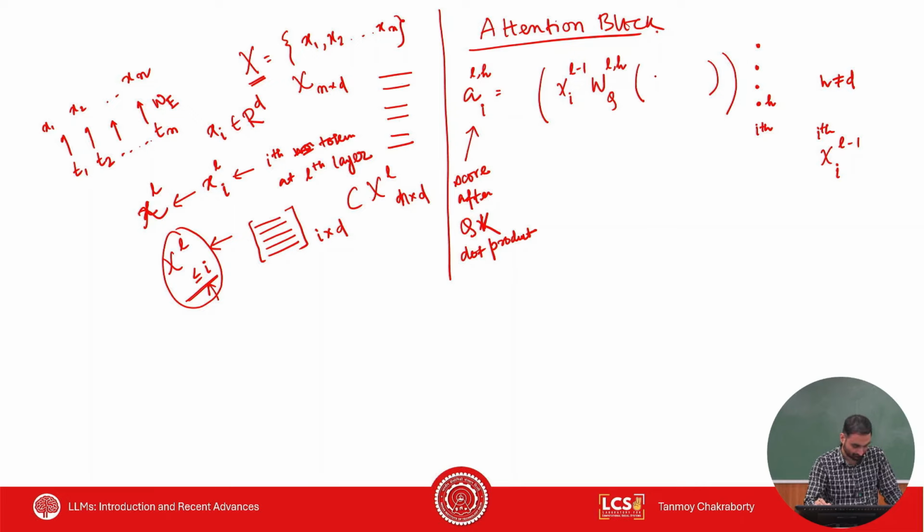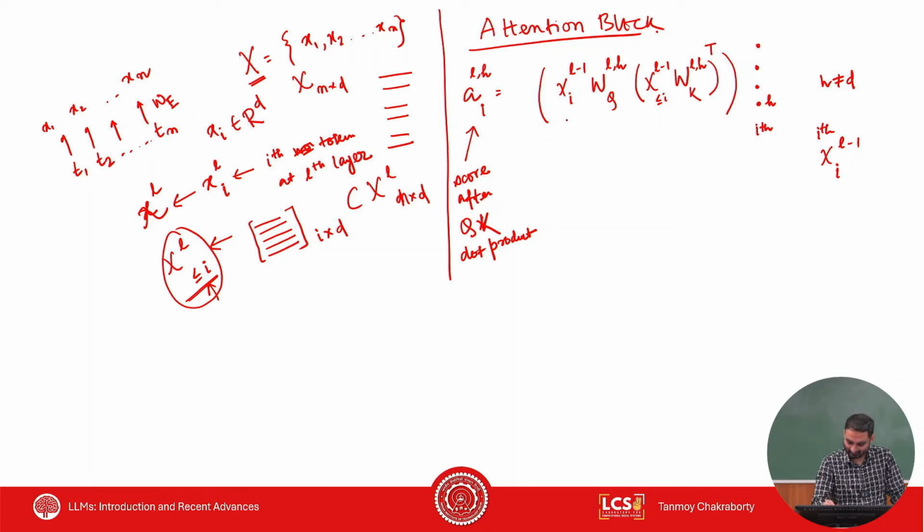So x^(l-1) for tokens less than or equal to I is the input for calculating the key, and I should also have a key matrix, for layer L, head H. All right, now let's look at the dimension, and based on that we will decide whether I need a transpose or not. Here I need a transpose, I'm telling you. So let's look at the dimension first, then you will realize.